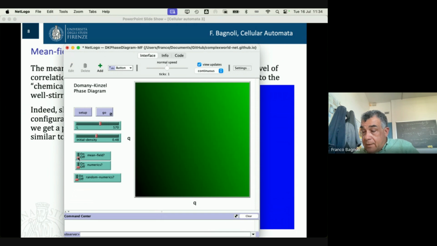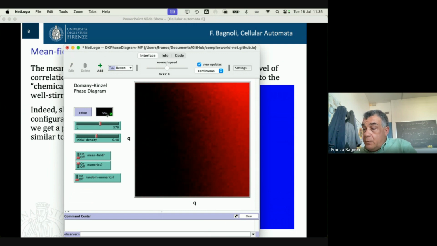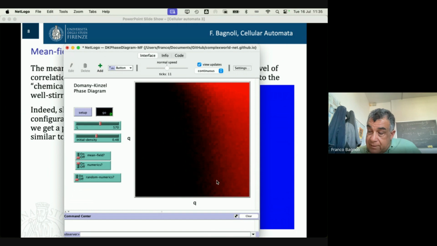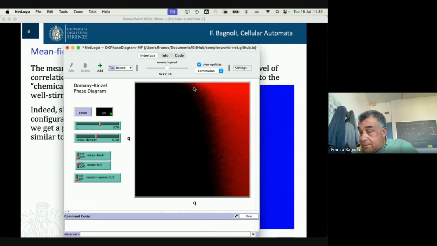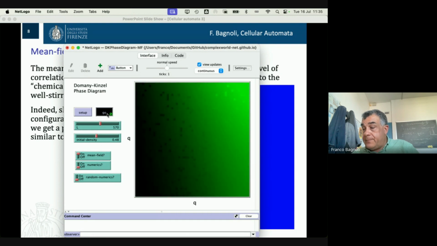And if we perform the numerical simulation, we see essentially the density plot of the system after a long time. This is the phase transition that we have already seen, and these are the densities in the active phase. But I can also do the same for the mean field equation.